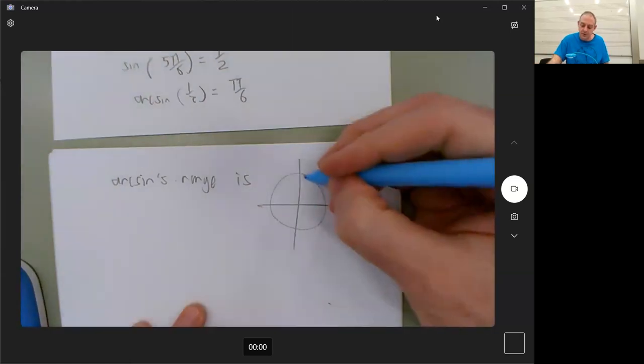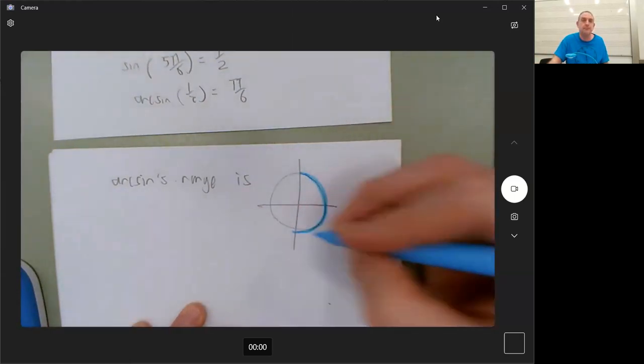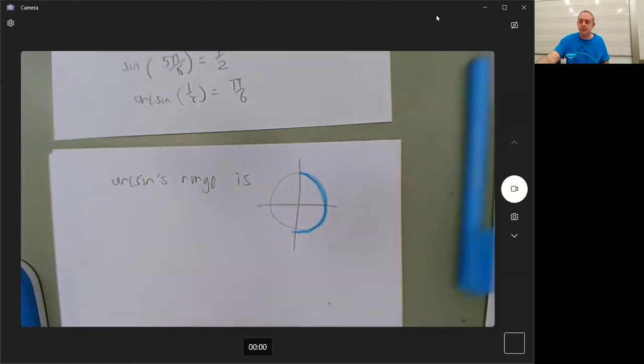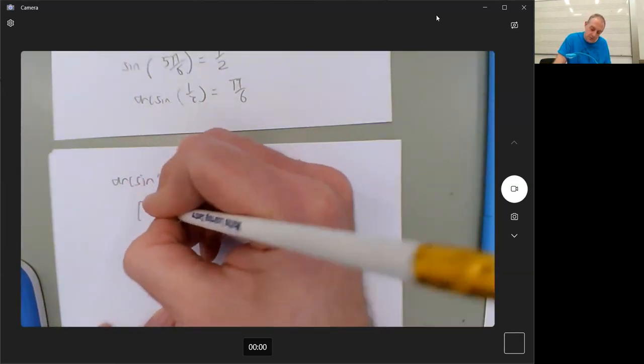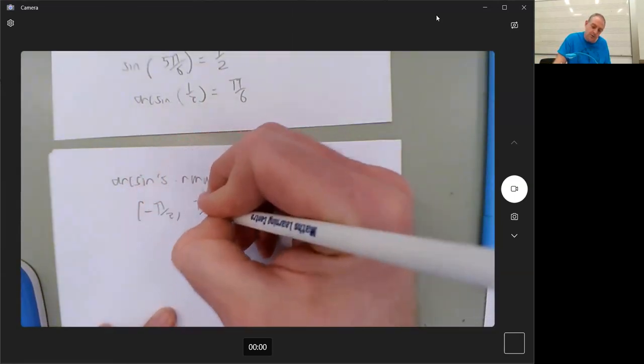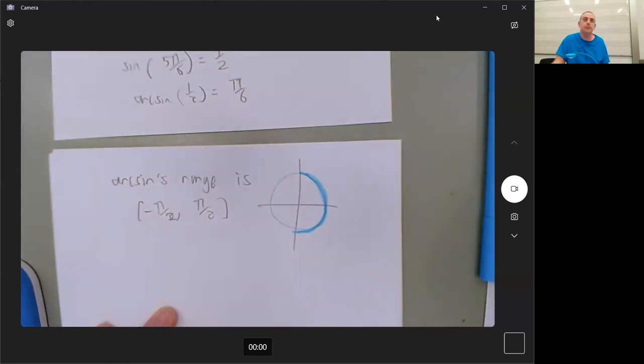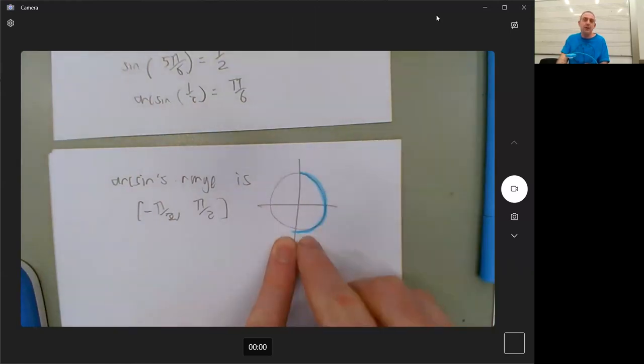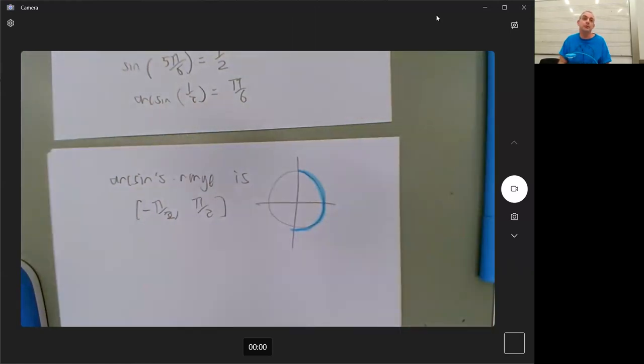Arc sine's range is these angles here, from minus pi on 2 to plus pi on 2. So no matter what angle you put into sine and you get an answer, if you do arc sine on that answer, you will only get the matching angle in these two quadrants.